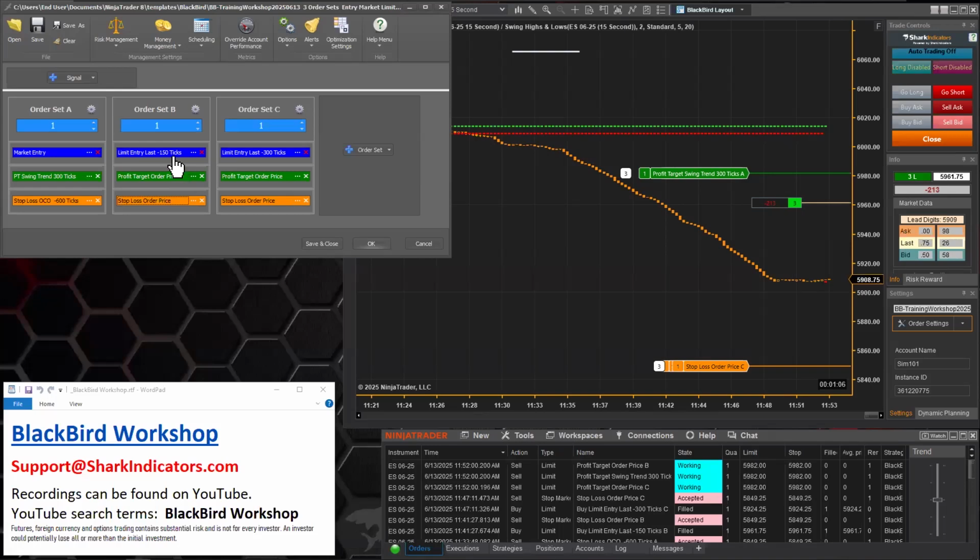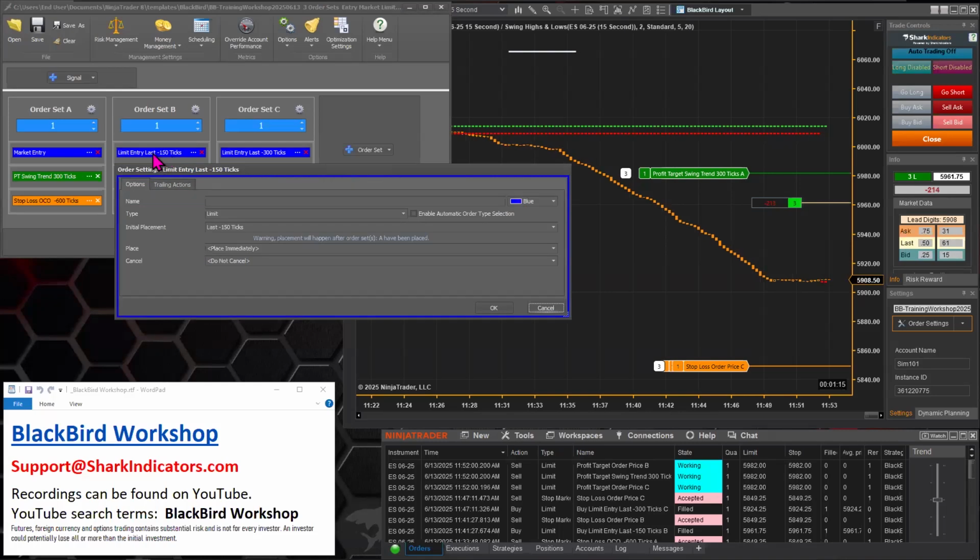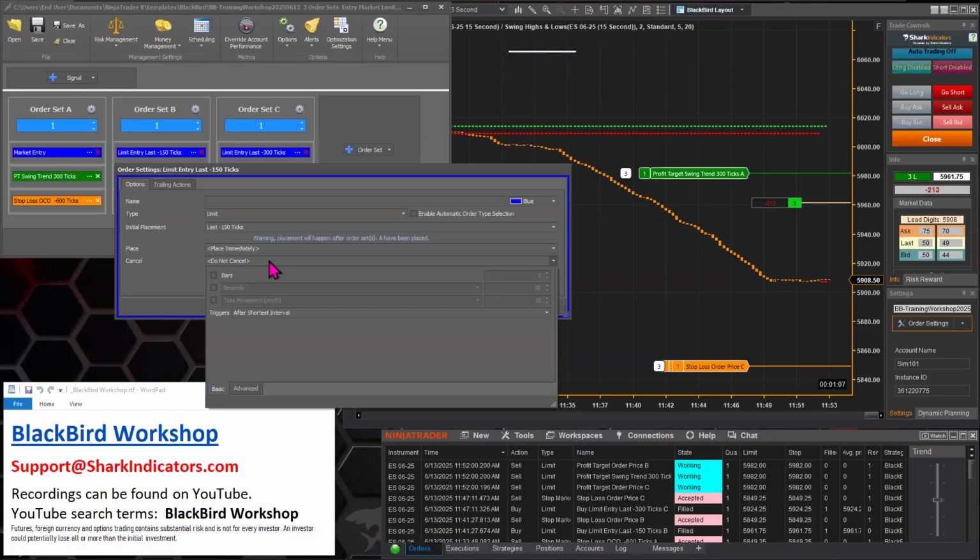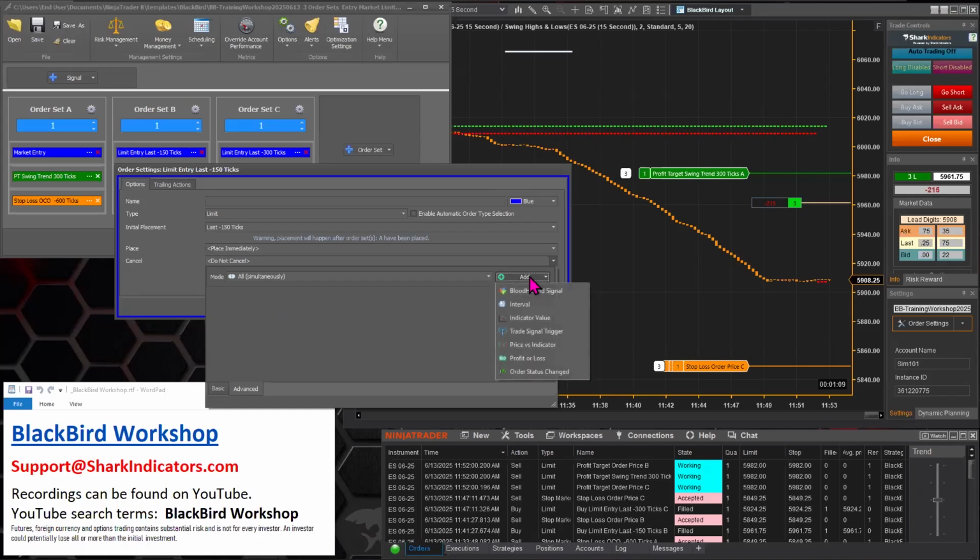So let's make another adjustment here. Let's go into our first scale-in entry order, and we're going to go to the cancel option here. Let's switch to the advanced tab, and we're going to delete the interval there and go to the add button, and we're going to monitor the profit target orders here.